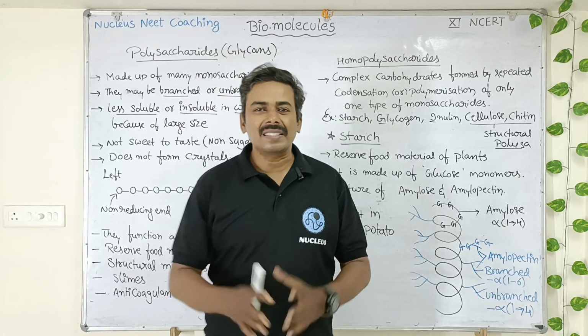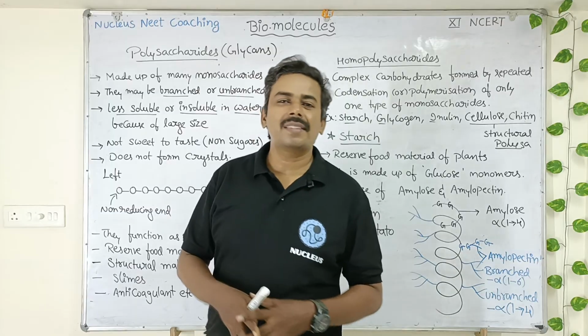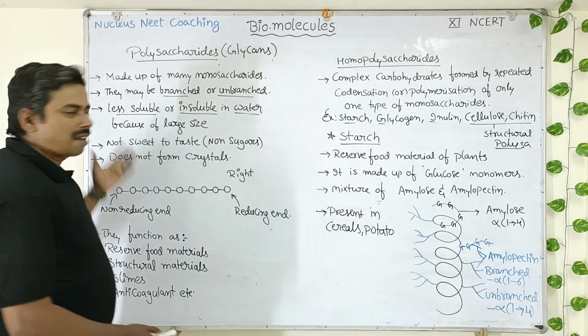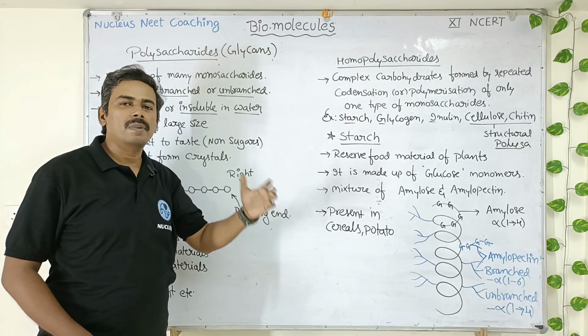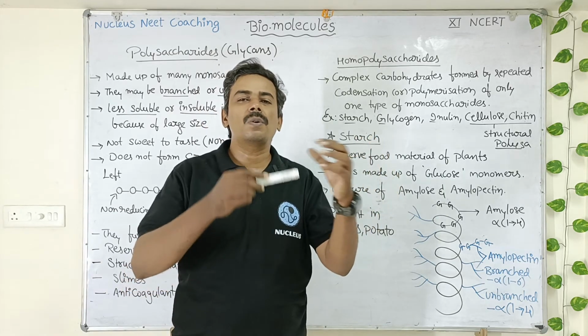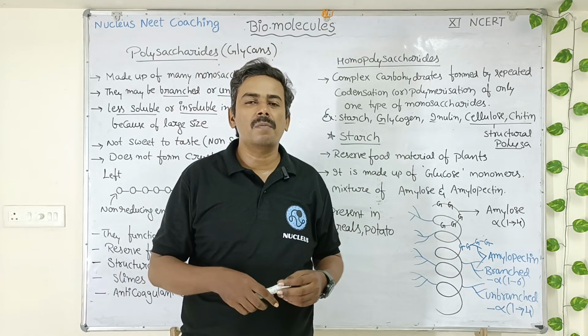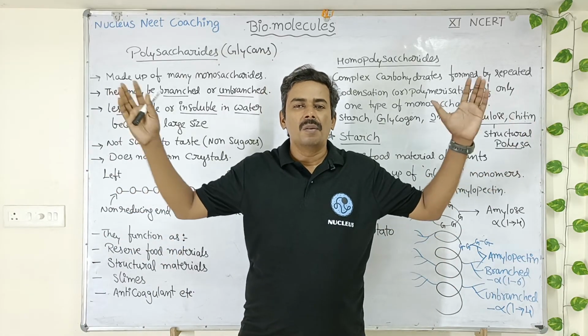Students, now let us discuss in detail about polysaccharides. What are polysaccharides? Polysaccharides are carbohydrates which are made up of many monosaccharides. There will be several thousands of monosaccharides which will be attached one to another by several glycosidic bonds, which results in formation of long chains of monosaccharides.